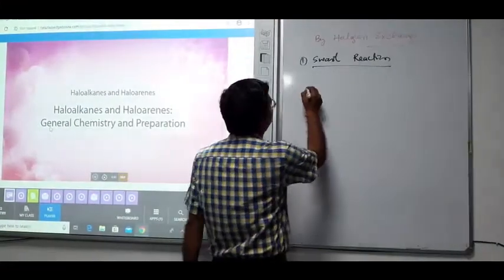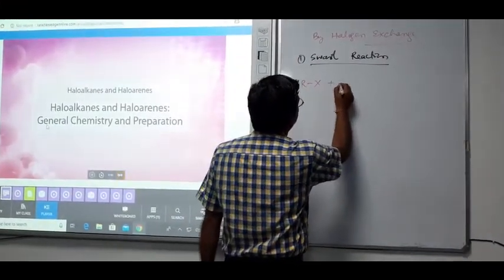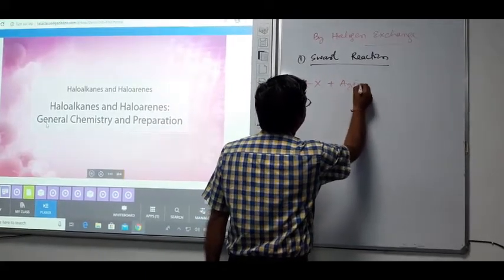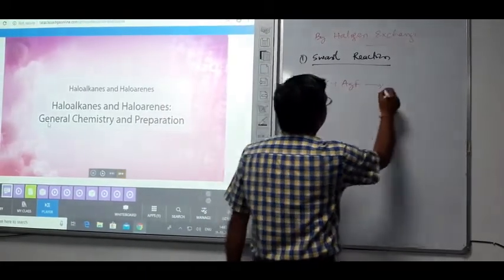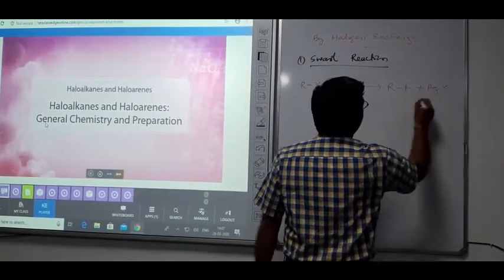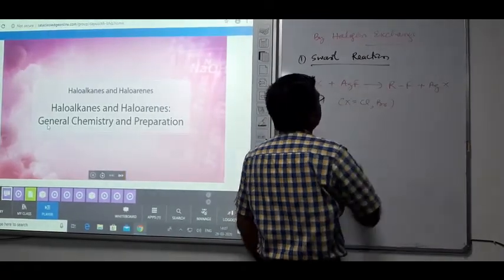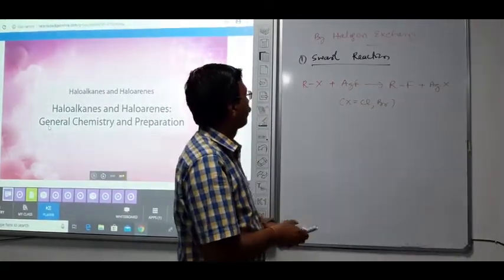See here, suppose we take RX, alkyl halide RX plus AgF, silver fluoride, we get RF plus AgX. Here this X is either chlorine or bromine. In place of X, we can take either chlorine or bromine.